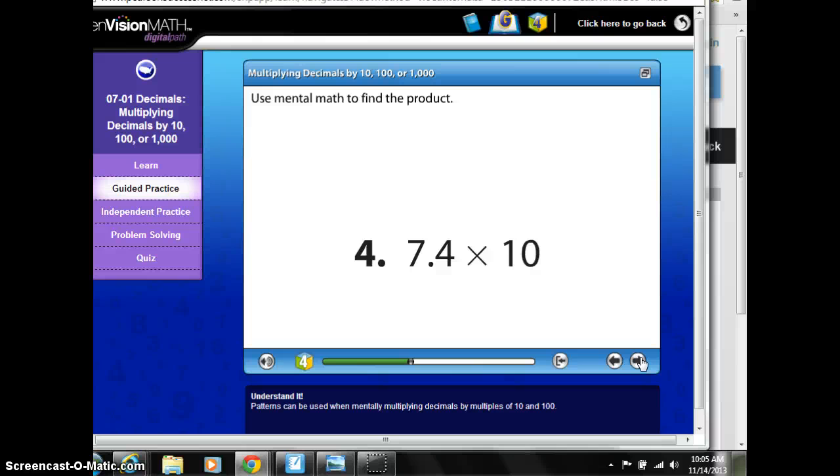Okay, how many zeros do we have? 1. Let's move it 1 spot. Can you read me that number? I'll rewrite it down here. How about that? Do you know that number? 74 is correct. That's it. Okay, grab your iPads, open up to a blank screen.